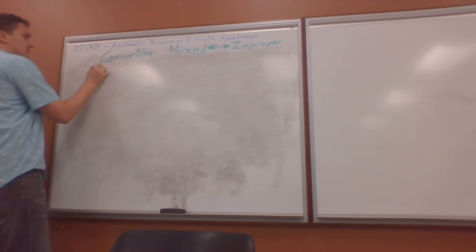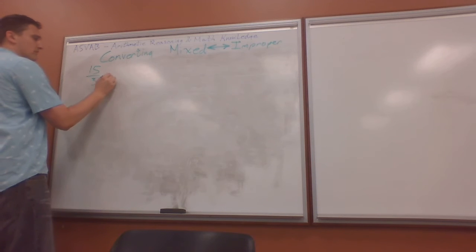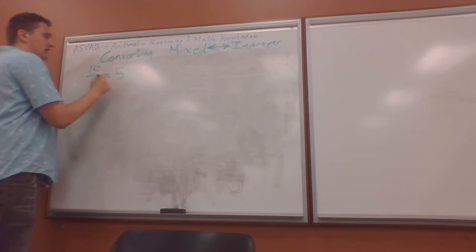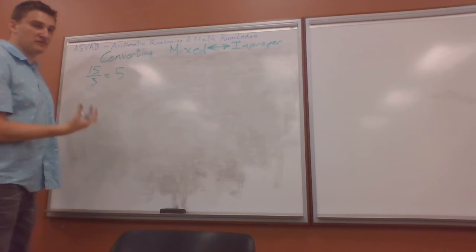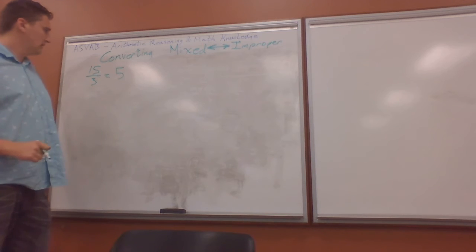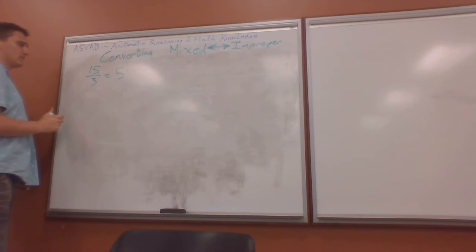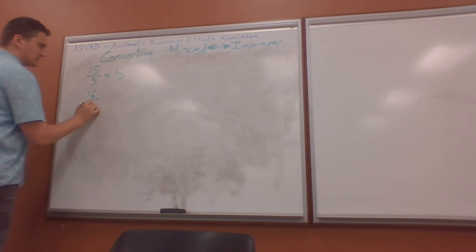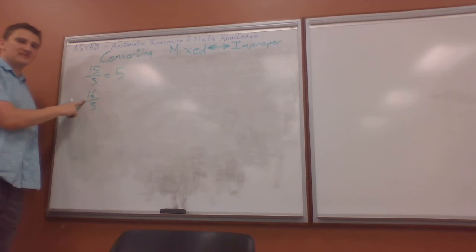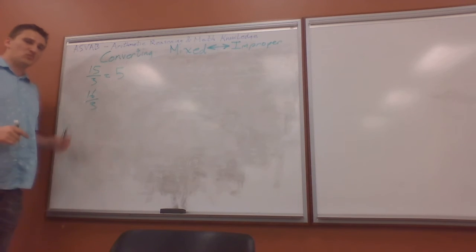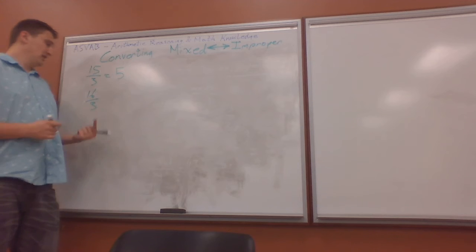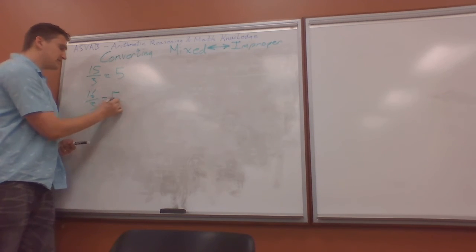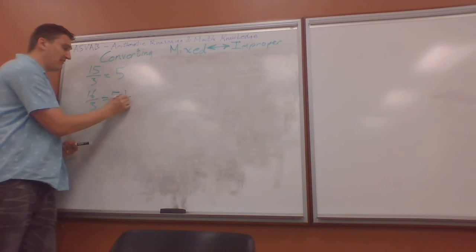We know that if we went 15 divided by 3, that's 5, because 3 equal-sized groups of 15 would have 5 in each group. But if I had 16 thirds, how much more is that than 15 thirds? That's 1/3 more. So we already did most of our work here. It's going to be 1/3 more than 5. It's going to be 5 1/3.